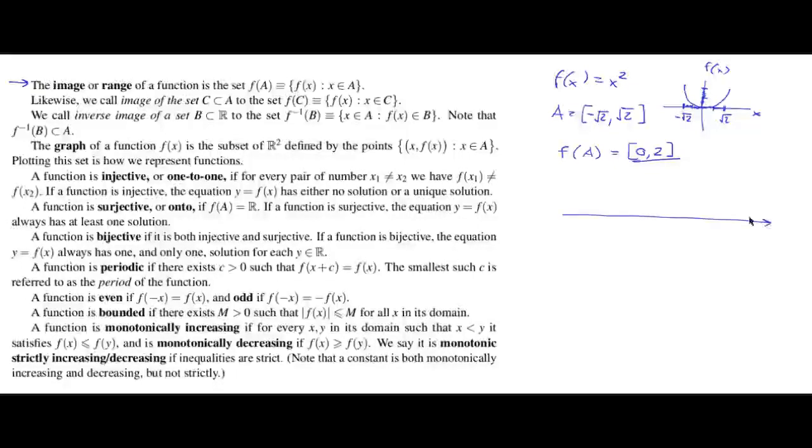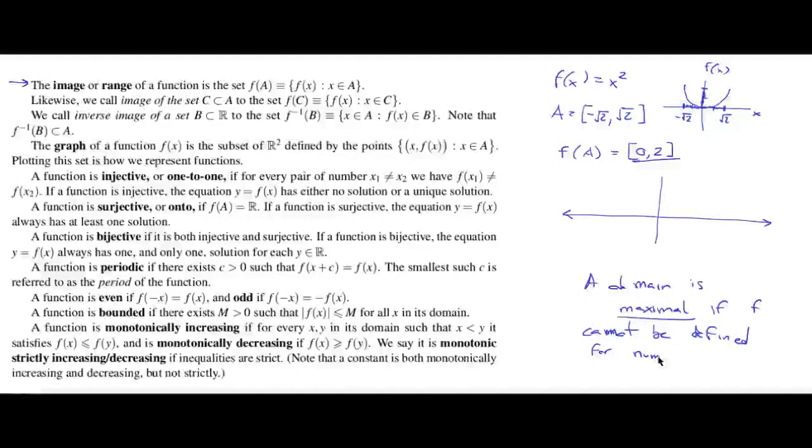So the maximum domain, I haven't said it, but we say that the domain of a function is maximal if f cannot be defined for numbers that don't belong to the domain.